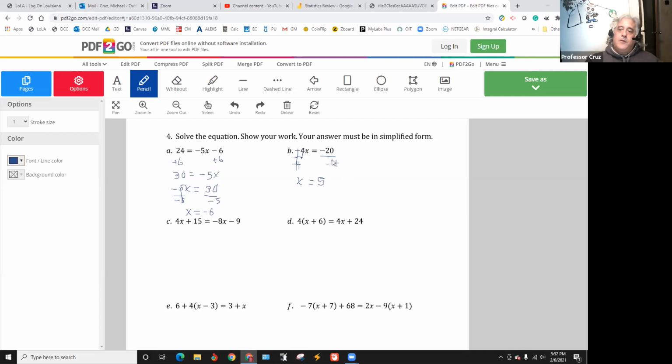So it's -20 divided by -4, +5. Go on. They're going to get a little bit more complicated with the things you have to do.